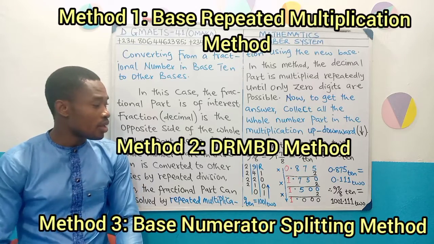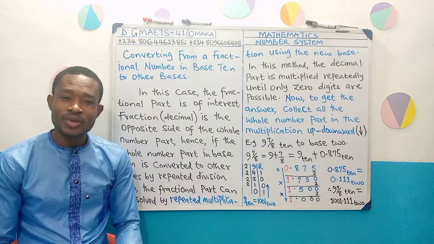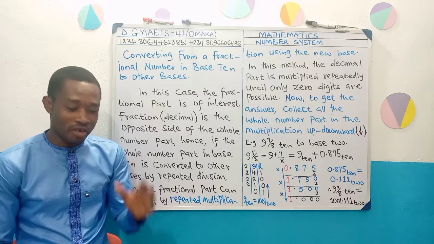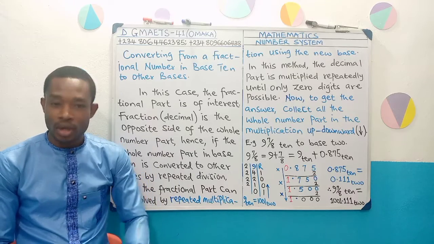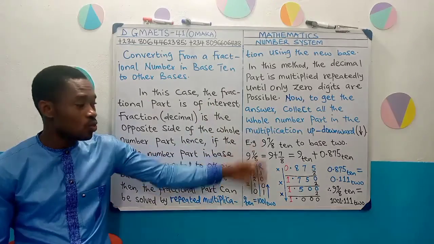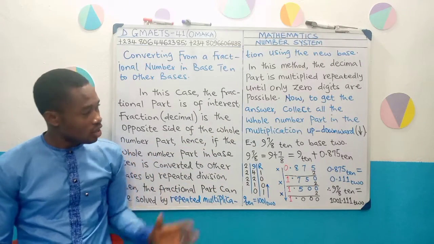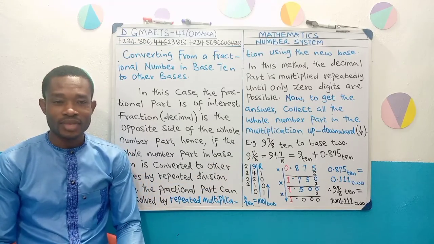But quickly, on the board here, I have this example that I'm going to use to explain how we convert decimal numbers in base 10 to any other base. We have a short note that guides what we are to do here, so you can go through the notes while I explain the process.